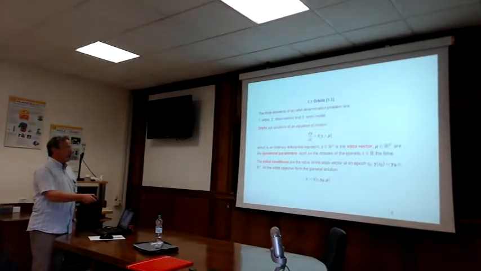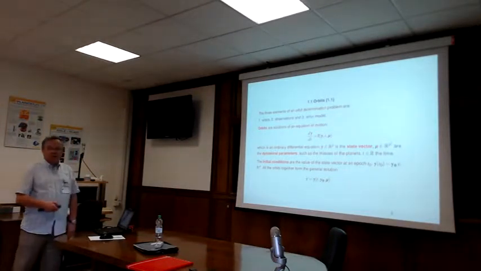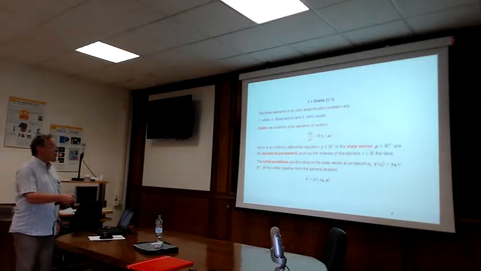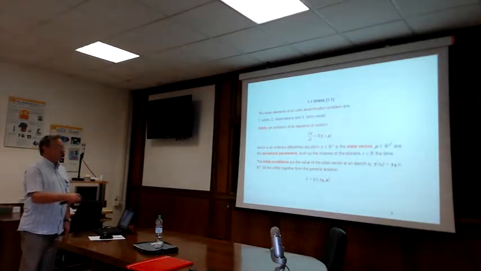And y is what we call the state vector. And note that already the right-hand side of the differential equation contains some parameters, which are called dynamical parameters, which may not be known. A typical example, the mass of the planets.